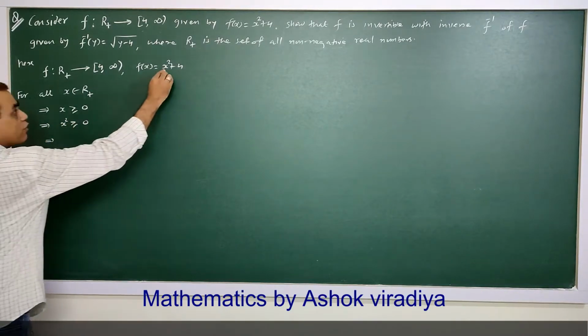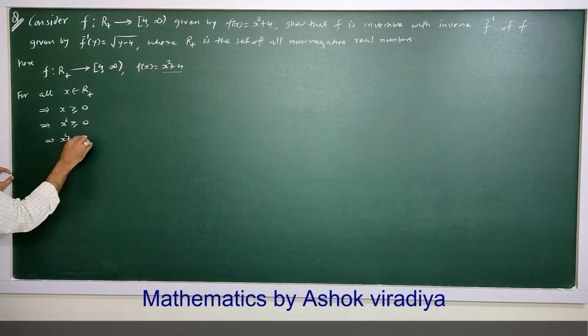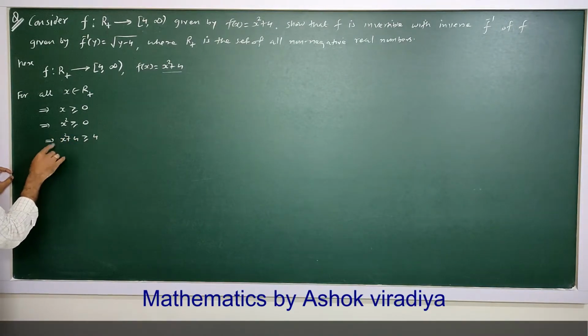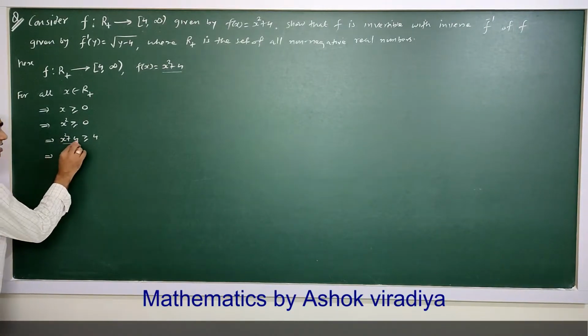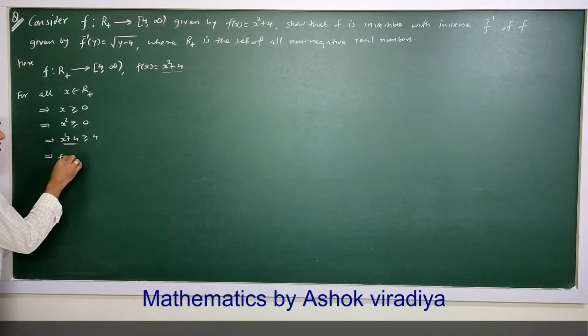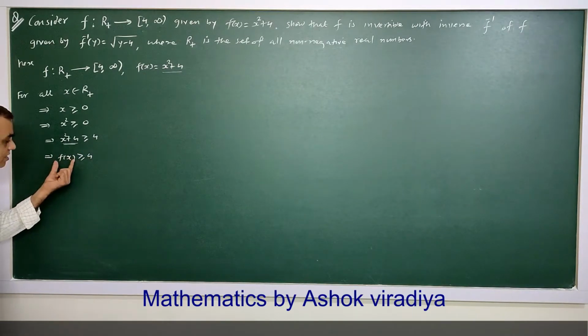Now adding 4 on both sides, x square plus 4 is more than or equal to 4. So now this is f(x). f(x) is more than or equal to 4. So all images are 4 or more than 4.